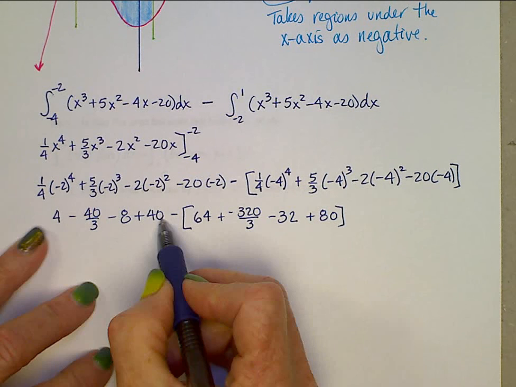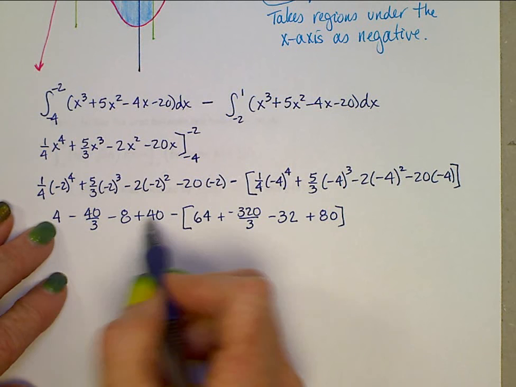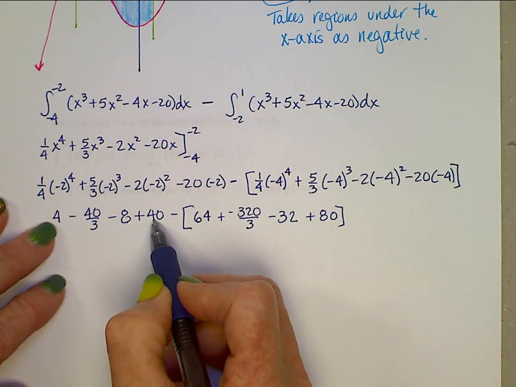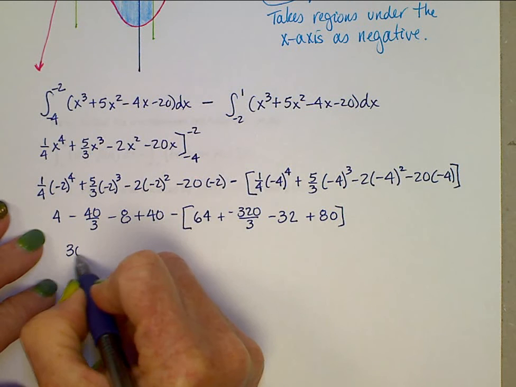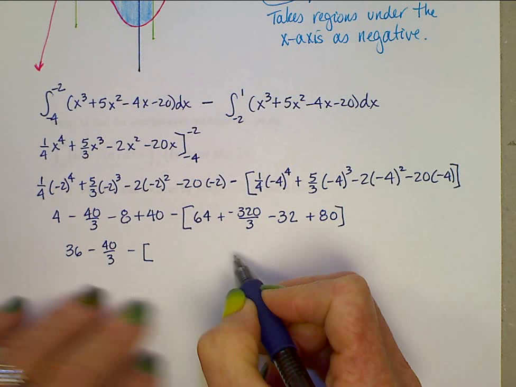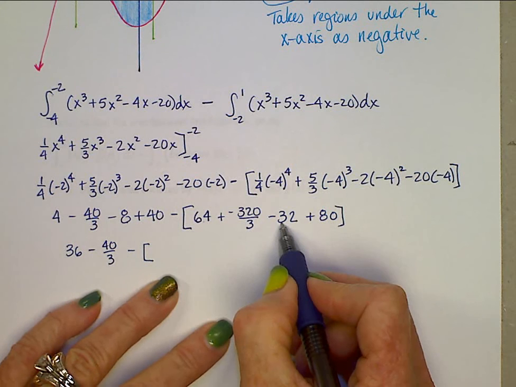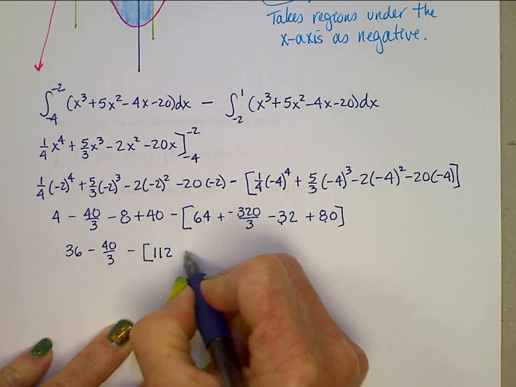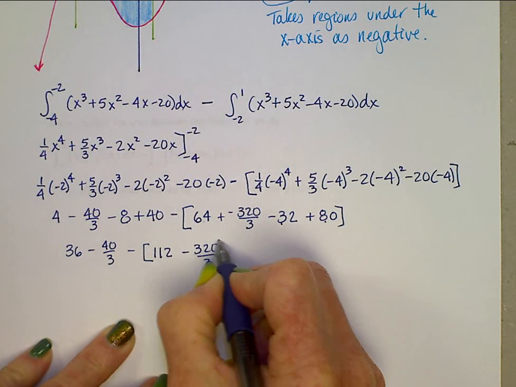Adding the integers over here, 4 minus 8, negative 4, plus a 40 is 36. We have 36 minus 40 over 3. In here, 64 minus 32 is 32, plus 80, 112, minus 320 over 3.